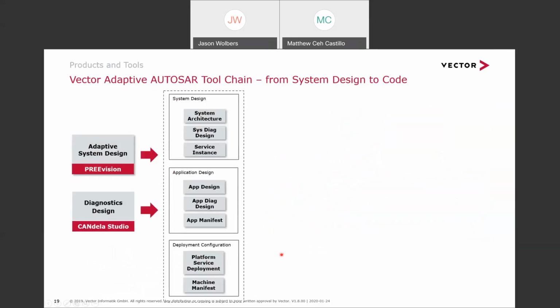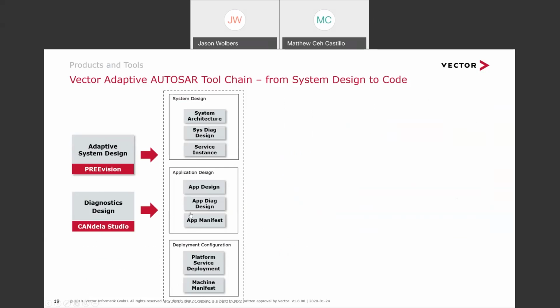Okay, so from a high level here, the first thing that you're going to do, which is similar to Classic, is you need to design your services and your interfaces that are going to be used either for your specific application or if you're an OEM, then maybe you're designing for what you know up front for the entire vehicle.